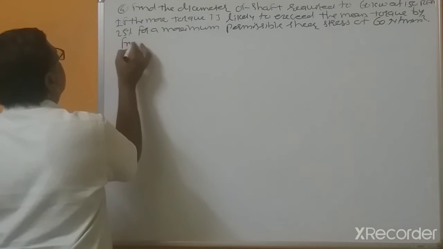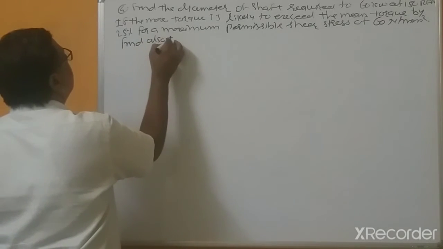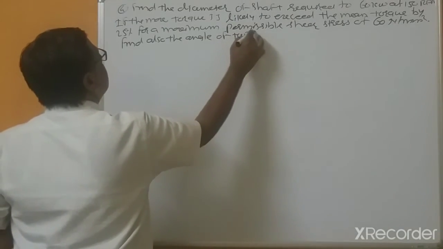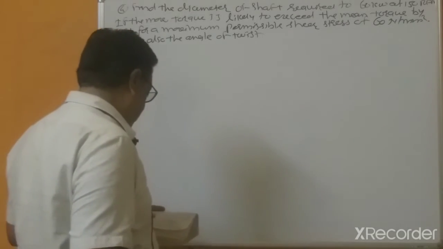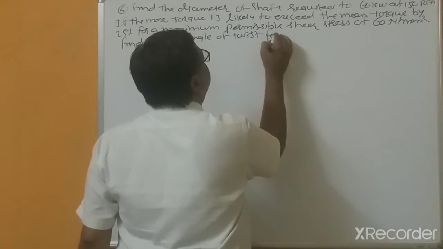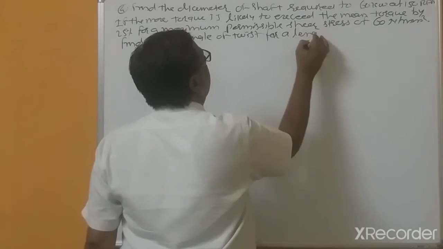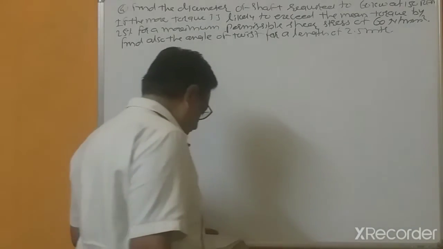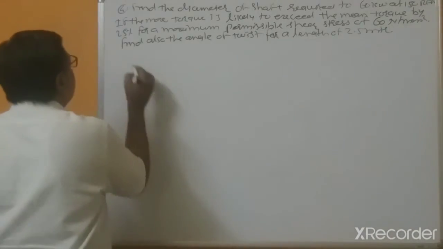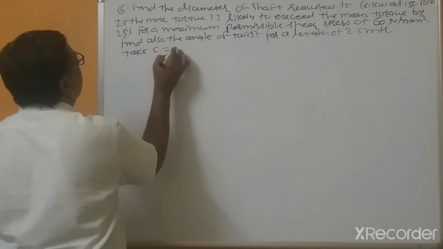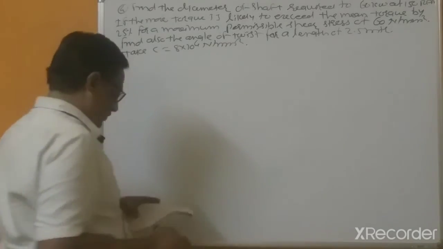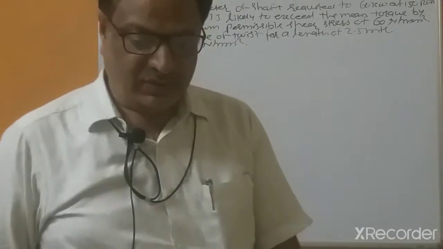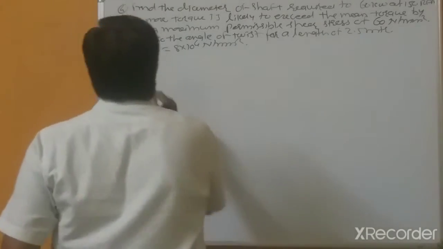Find also the angle of twist for a length of 2.5 meter. Take C equal to 8 into 10 to the power 4 Newton per mm squared.